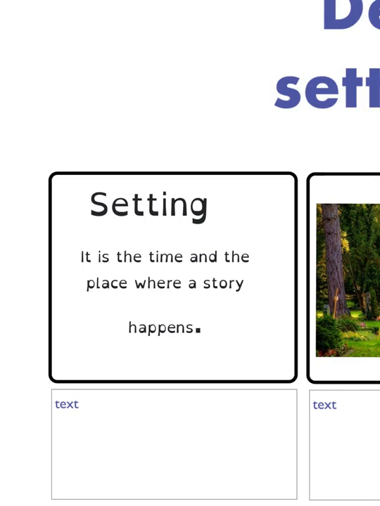For example, if we are talking about Aelia's birthday party this weekend, the setting will be her house. And the time, we need to be specific. We also have to say when it happens, like time and place. So for example, Saturday morning at Aelia's house.